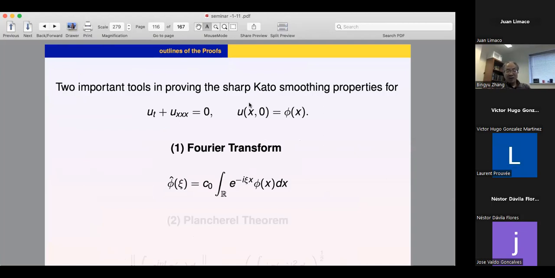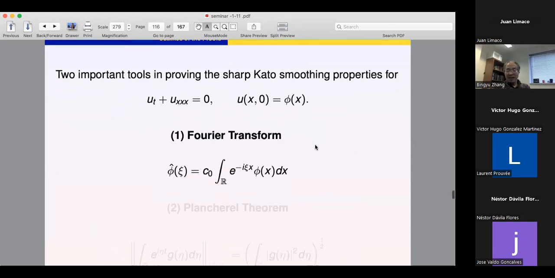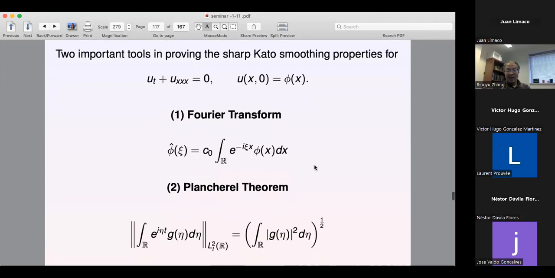Now recall that to prove the solution of the linear KdV equation on the whole line has sharp Kato smoothing, there are two important tools. One is the Fourier transform, and the second one is Plancherel's theorem.